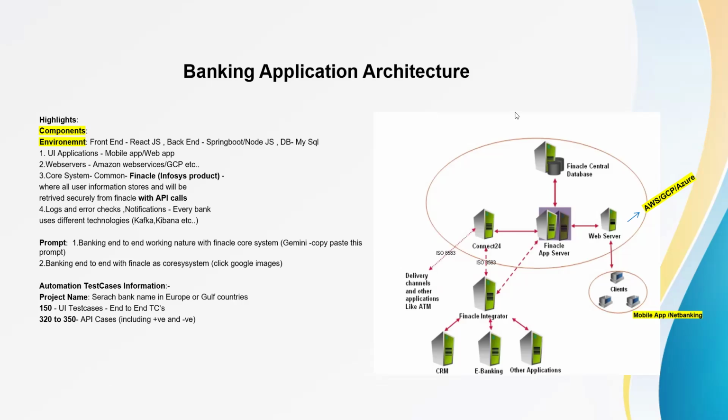So the call interacts with Finacle, gets the data as a response and gives it to the user interface. That's how the API call interacts between Finacle and the client, a mobile app or net banking. When I say client, it's a mobile app or net banking. It fetches the information and gives it to the clients, who can see the data. That's how the interaction happens.